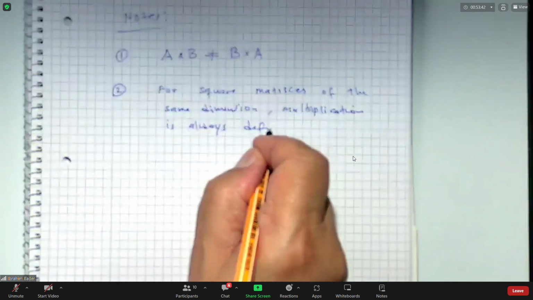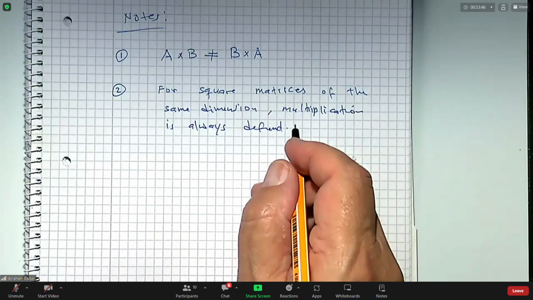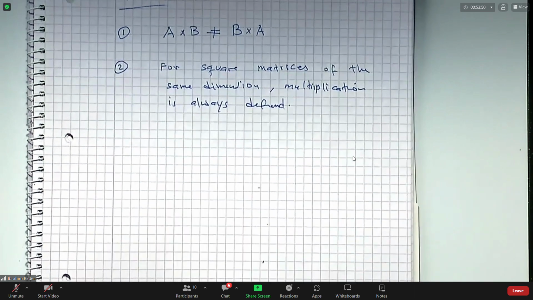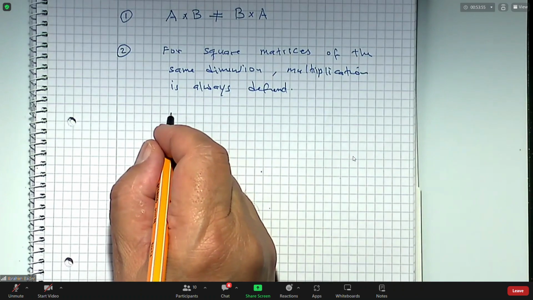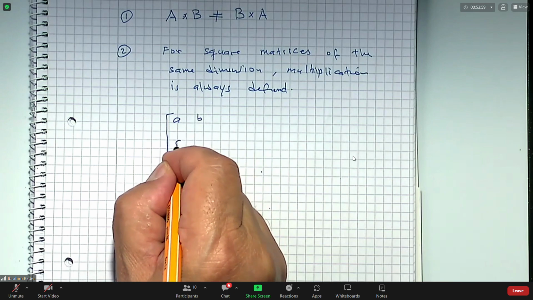And not only that, the result is also going to have logically the same dimension.